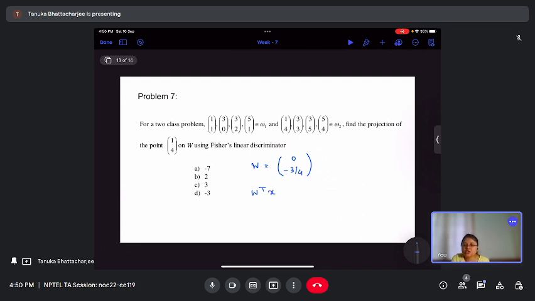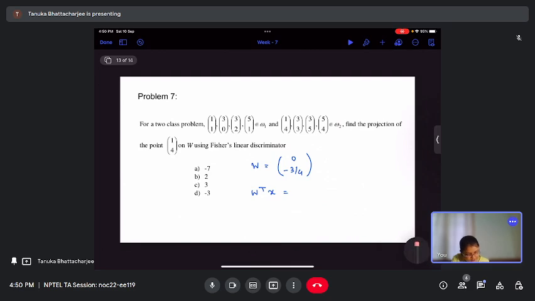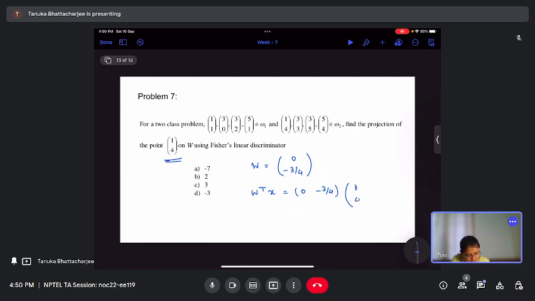Okay. So, if we want to put the values, we will get 0 minus 3 by 4 transpose, and X is here 14. So, if you multiply, you get minus 3.